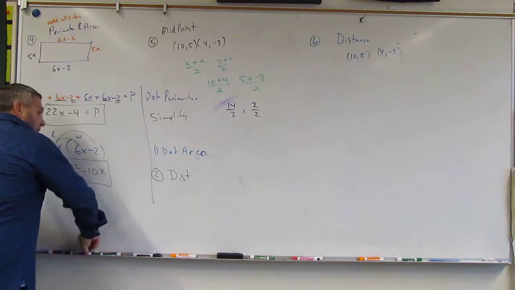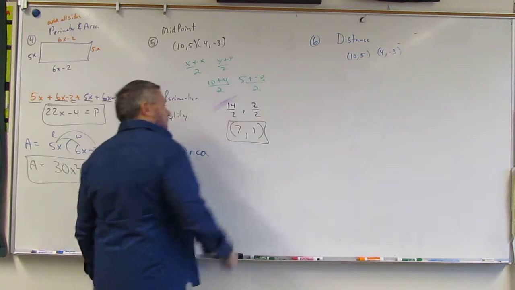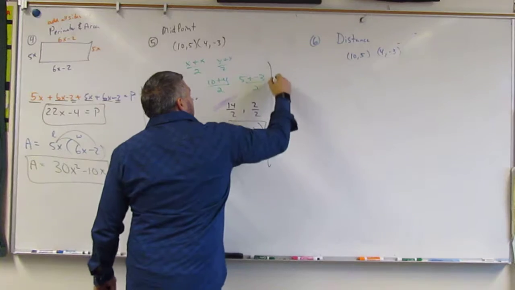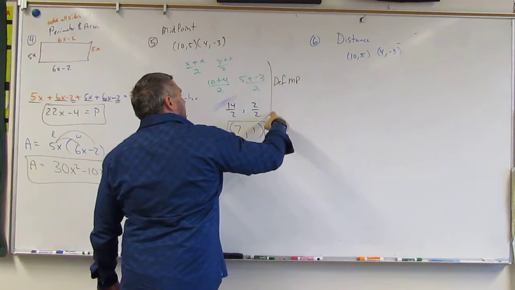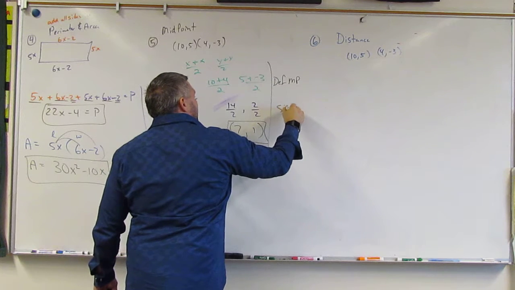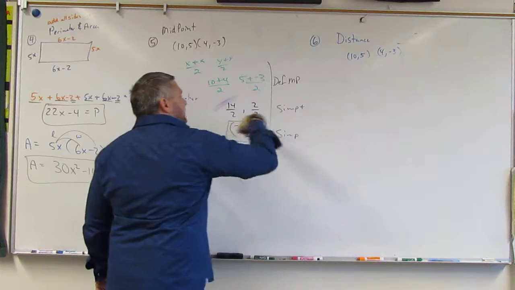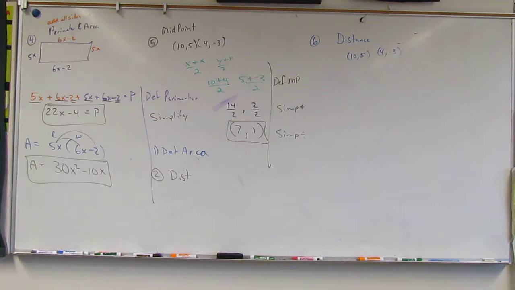So what is that? 7 and 1. Done. Now, you could have definition of a midpoint and then simplify. This one's simplifying using addition, this one's simplifying using division. That's simple. It's easy. Done. Two-column proof.